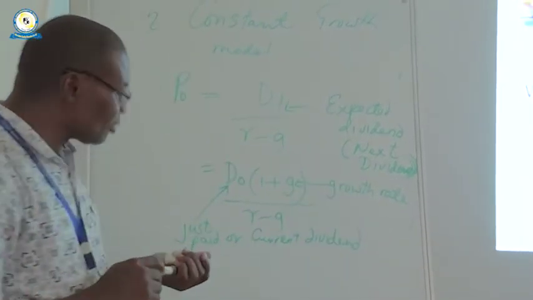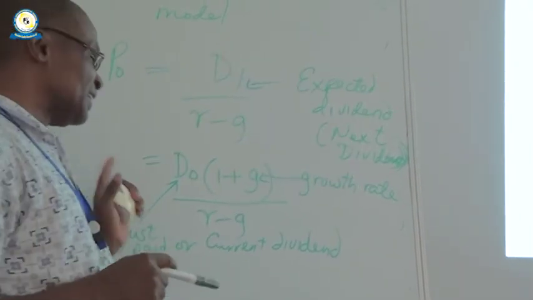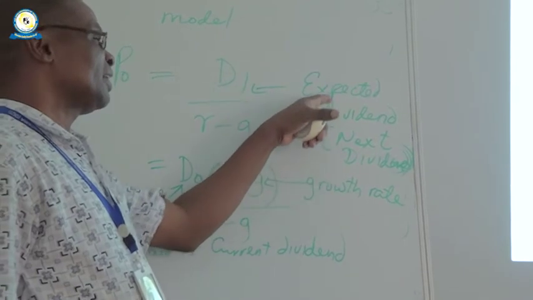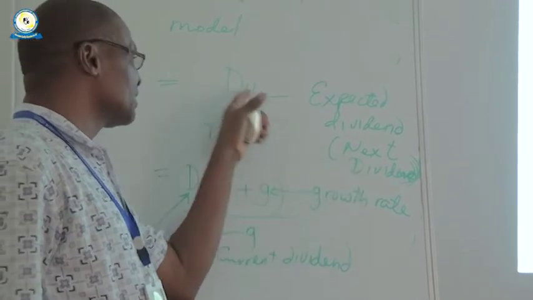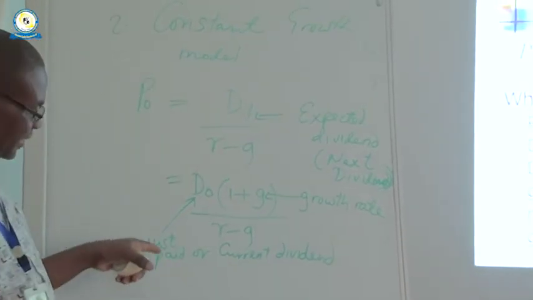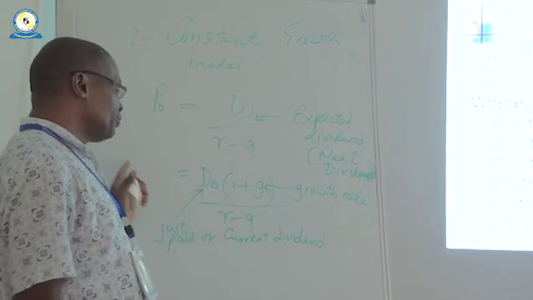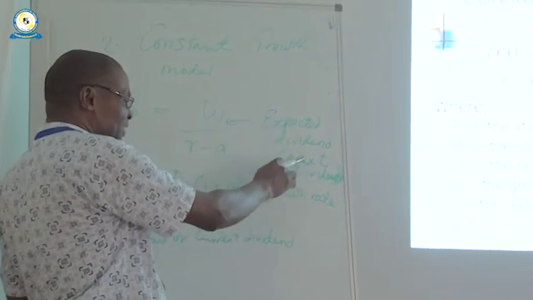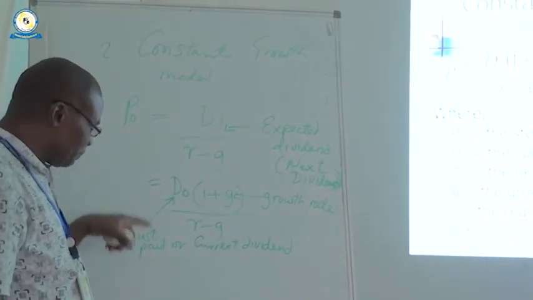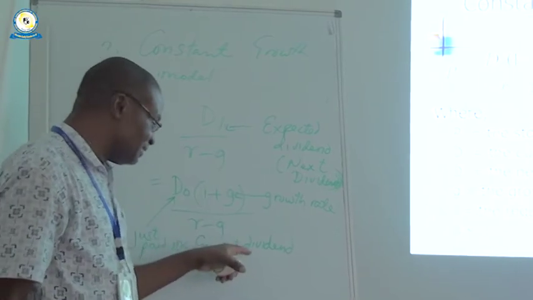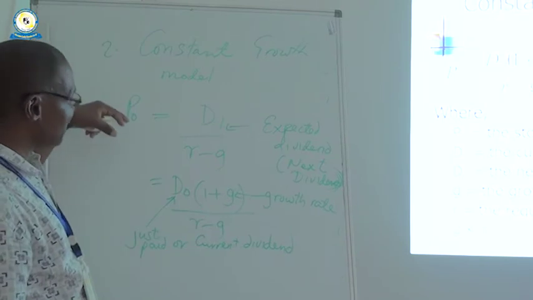So when you are given a question regarding the share, make sure you differentiate between expected dividend, or sometimes we call it next dividend, which is D1, and the just paid dividend, which is D0, or current dividend, which is D0. So if you are given expected or next dividend, use this formula. But if you are given just paid dividend or current dividend, make sure you use this formula to calculate the price of the share.